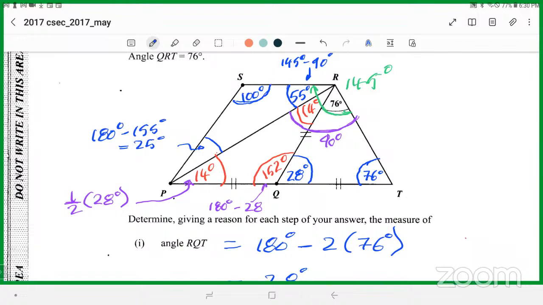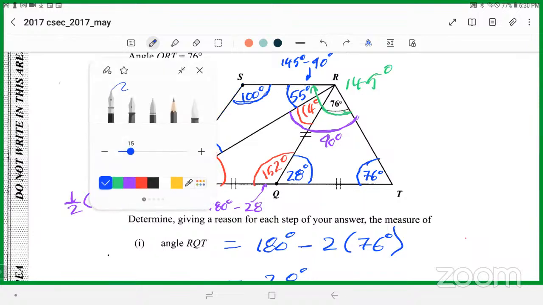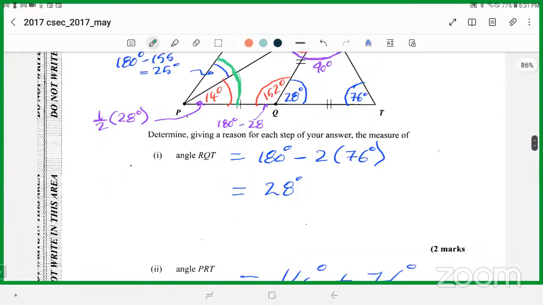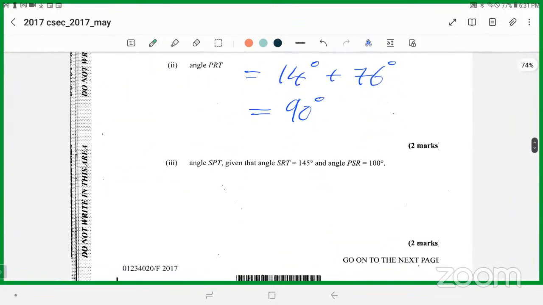And then the angle that I want now is SPT, which is the sum of these two, the 25 and the 14. So angle SPT is 25 degrees plus 14 degrees, which is 39 degrees.